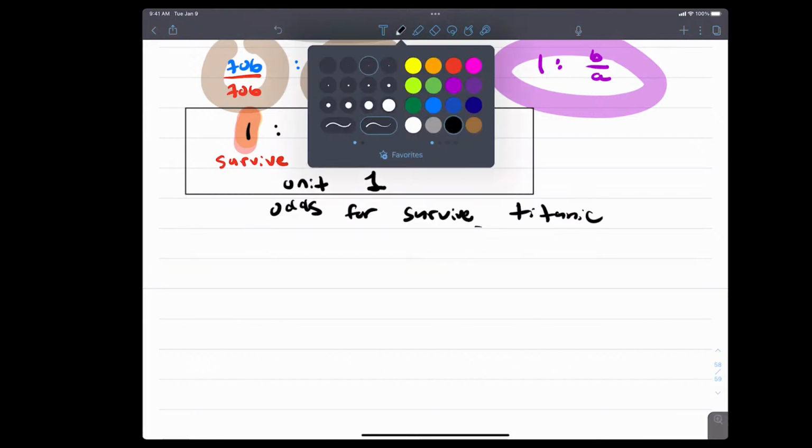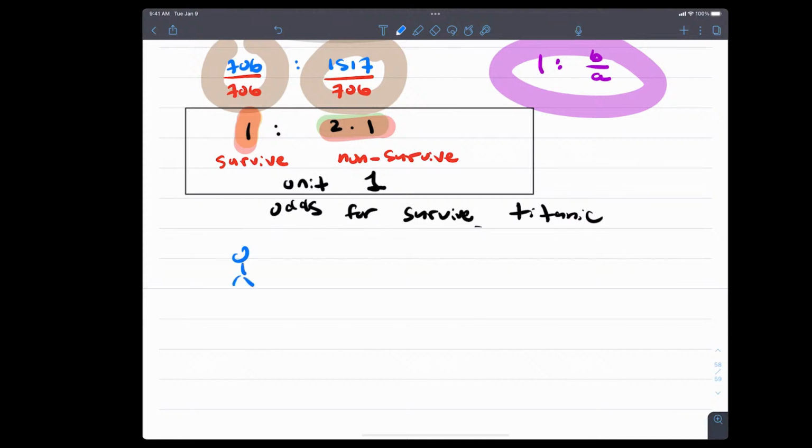So you kind of think of it that way: here's 1 person who survived, and then here's 1, here's 2, and then here's like 0.1 of a person. Okay, that gives you an idea of surviving to not surviving. So this was the definition of odds that we looked at last time, but we unitized it.